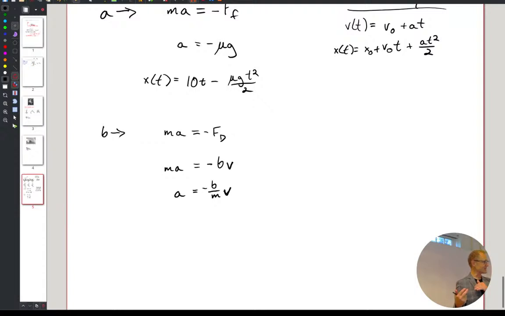So we need both of those things. What is the definition of A? Derivative of V.